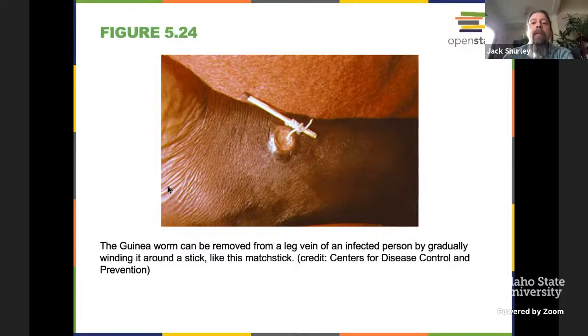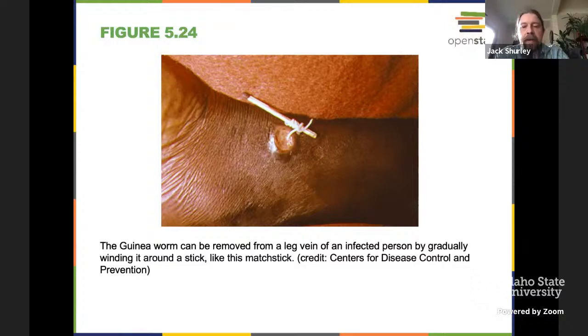Soaking your foot in some water entices it to come out, and then you can slowly turn it out. And there are ancient wood cuttings and things like that that show doctors, if you will, removing worms from people's feet. Pretty cool.